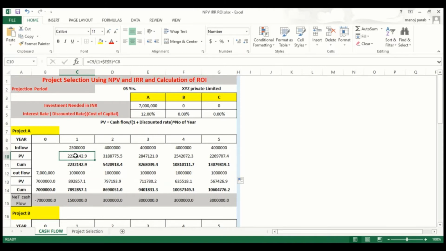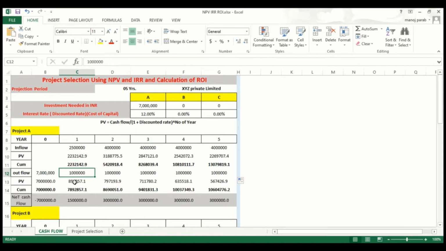Now we are calculating present value. What is the formula for present value? It is the cash flow upon 1 plus the discount rate raised to the number of years. I have put the formula here, and based on that, this is the present value for all 5 years.